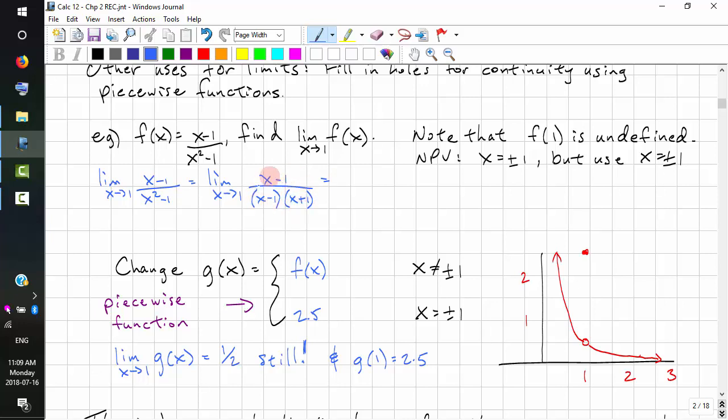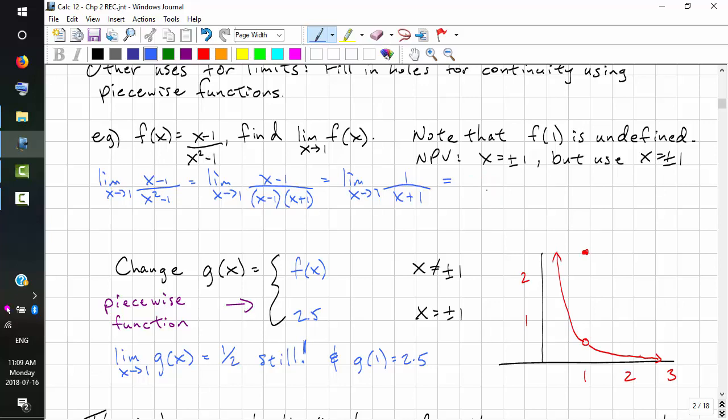Because this is fully factored, we can cancel out this term and this term. That leaves us with a 1. When we're canceling out factors, we're left with 1, not 0. Very important. When we're canceling out terms from plus or minus, that gives us 0. So limit as x approaches 1, we have 1 over x plus 1.